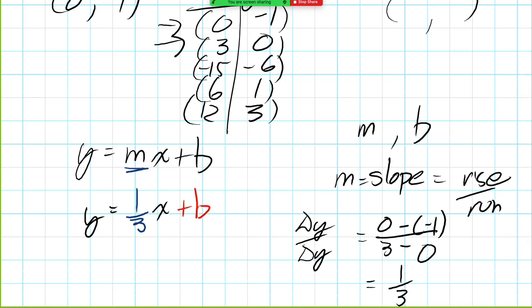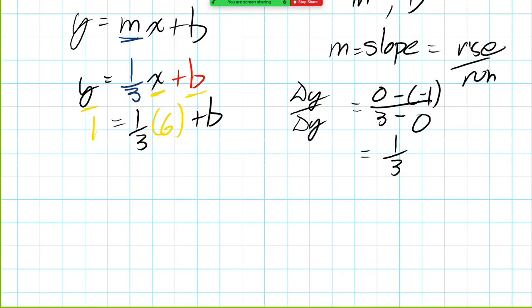Since we only have one unknown variable, we can take any of the coordinates and substitute them for x and y. The y value in that coordinate was 1, so we'll say 1 is equal to a third, and the x value was 6, plus b. B is what we're going to isolate for.